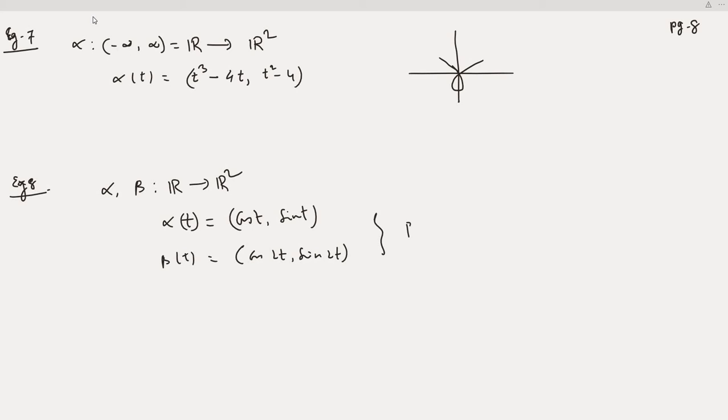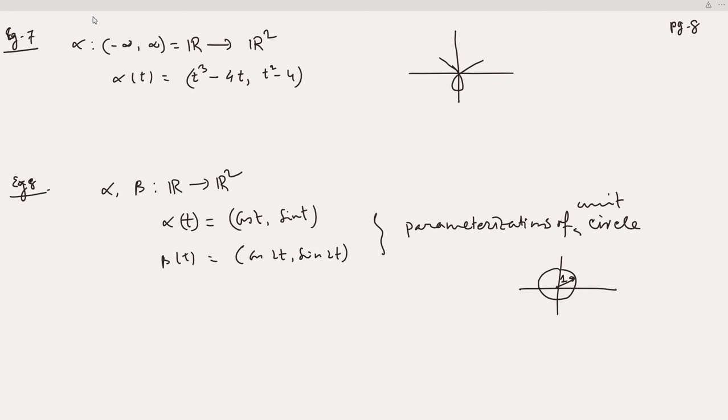So these are two different parameterizations of a circle, or more precisely the unit circle, the circle with center at origin and radius 1, and this is a differentiable curve.